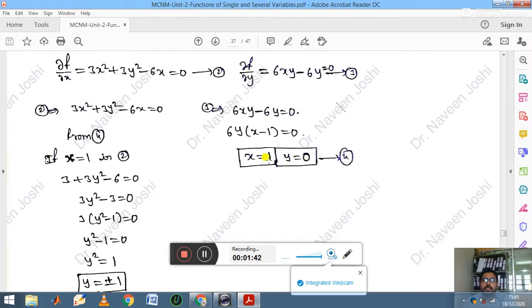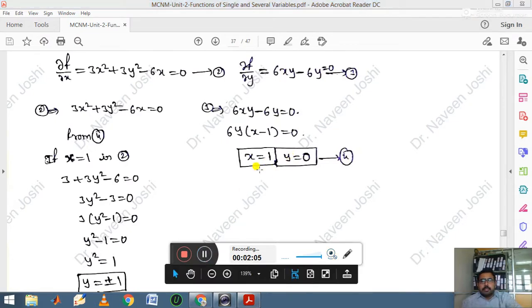Then your task is to find corresponding values. Here equation 4 is representing x value 1 and y value 0. Your next task is to find, when x is 1, what is your y value, and when y equals 0, what is your x value.